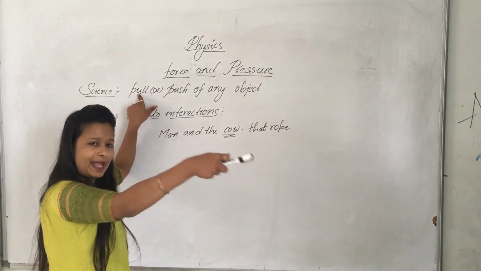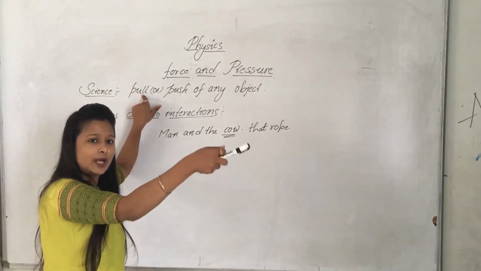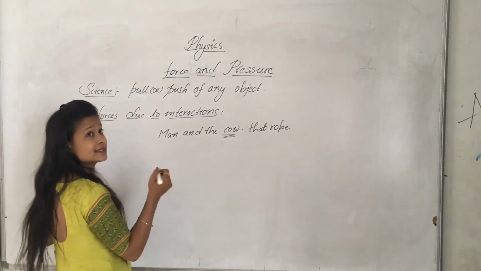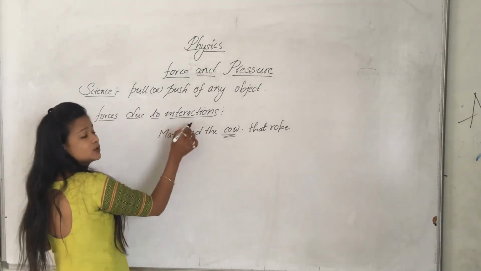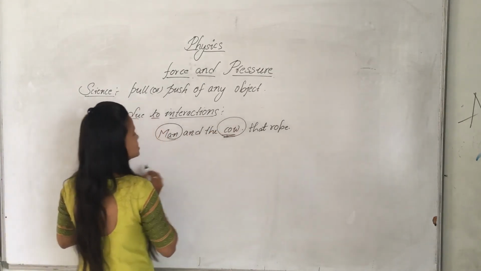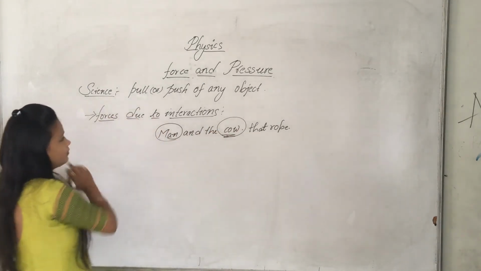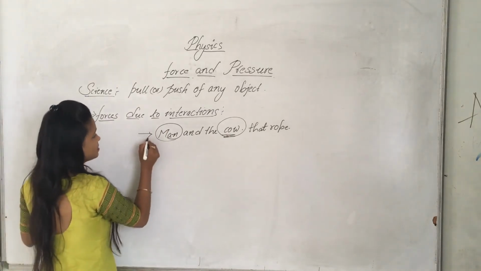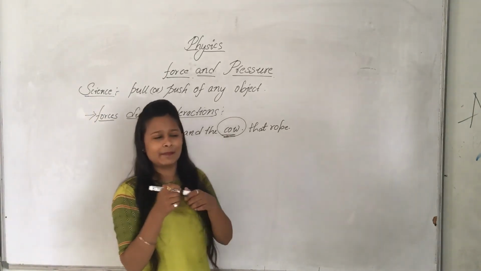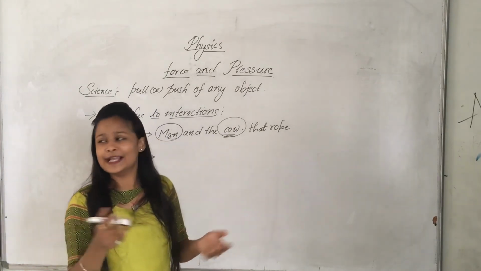You are applying that force to the cow to come to the garden, right? Means it is the force due to interaction between these two members, right? Yeah. Give me some examples of this. Like before you used to play, not only before, this time also you are playing, I think so.